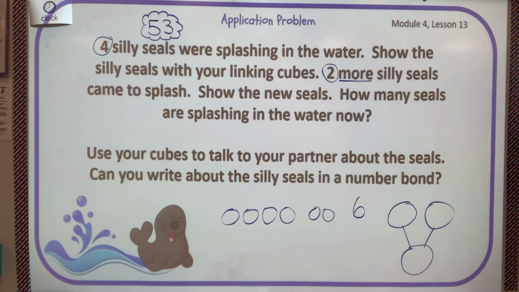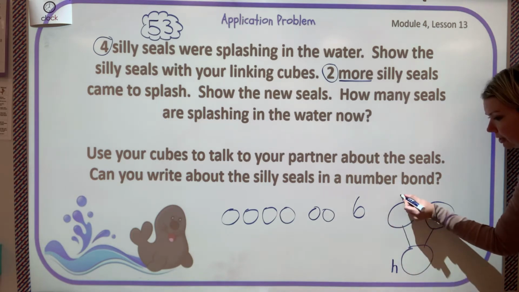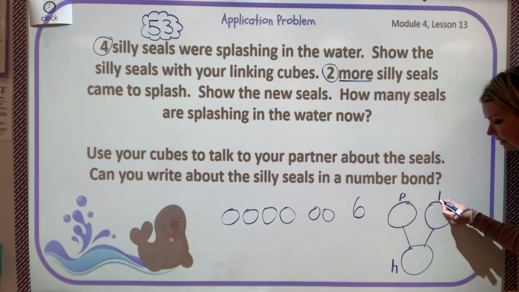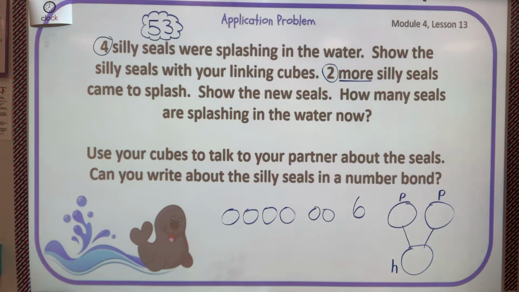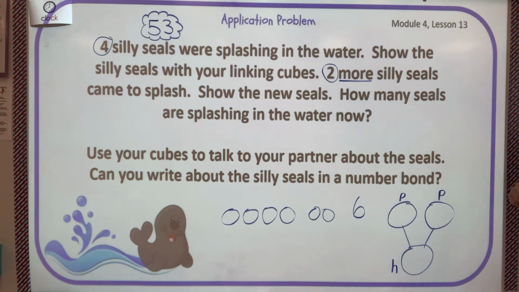So I know on my number bond, my whole and my 2 parts. Here's a part and here's a part. I need help filling in my number bond. Will someone please raise their hand and help me? What am I going to put up here in the 2 parts?